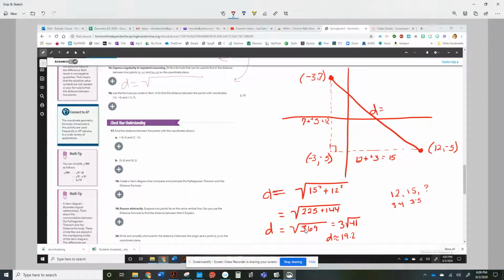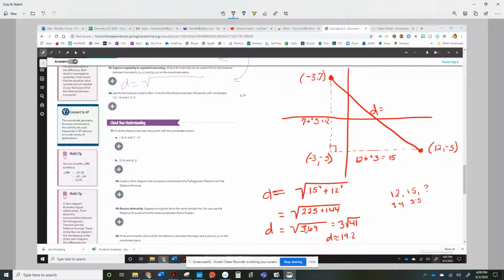Now, if you're wondering how in the heck I got from here to here, this is showing you over here how we did it. You have to know that 369 can be factored into 9 times 41.